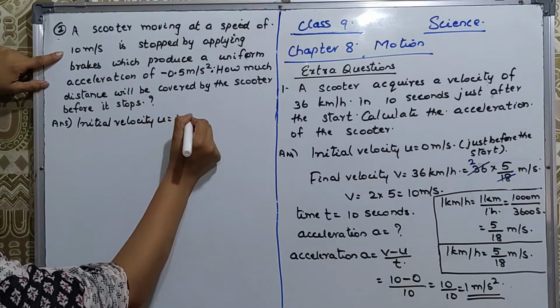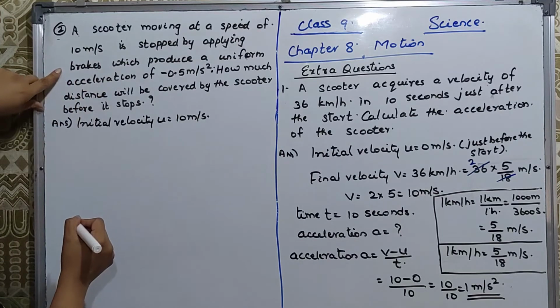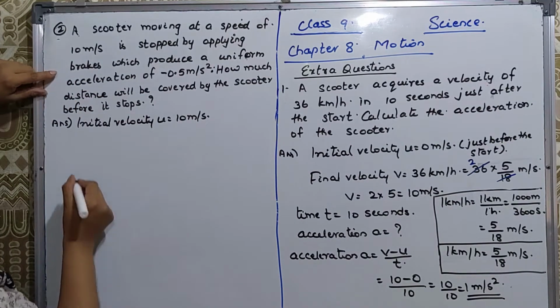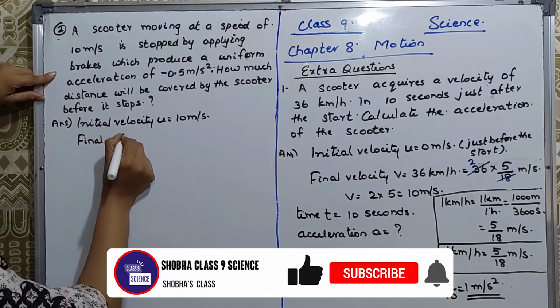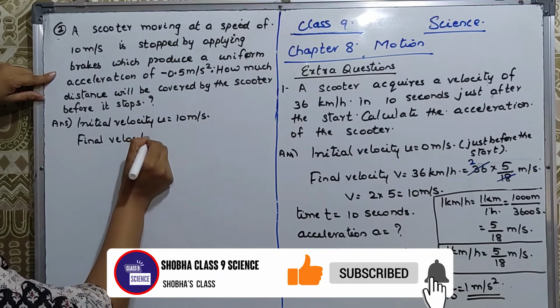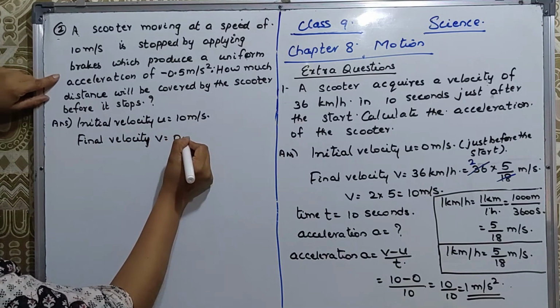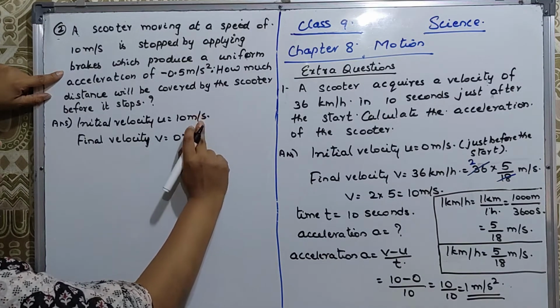So initial velocity u equal to 10 meter per second, and it is stopped by applying brakes. Since it stopped, the second speed, the final velocity v, is 0 meter per second. How did you understand it is 0?